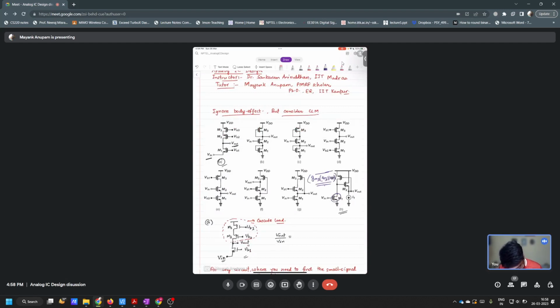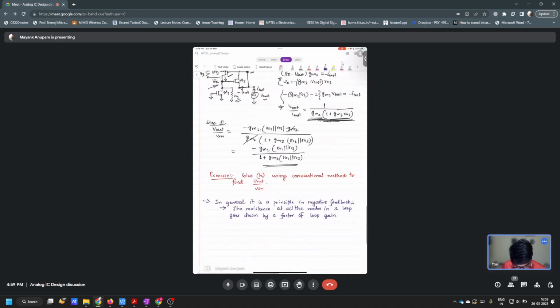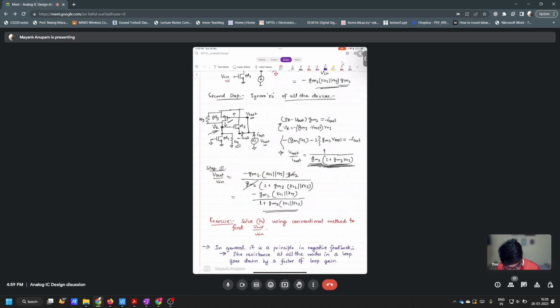Earlier it was 1 over gm2, and now it is further divided by this factor. So that is what we are seeing here also.